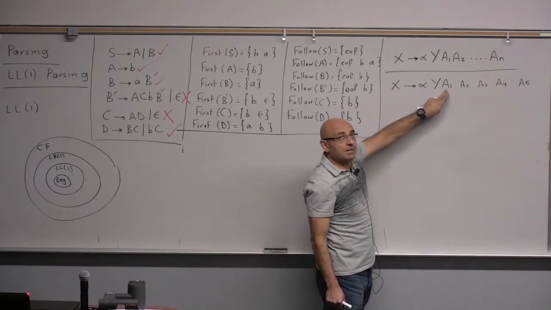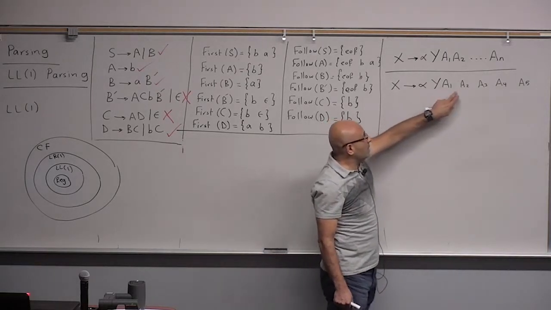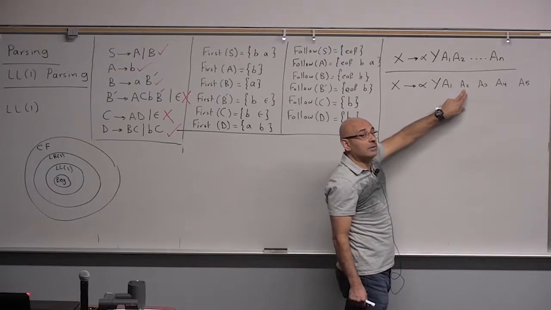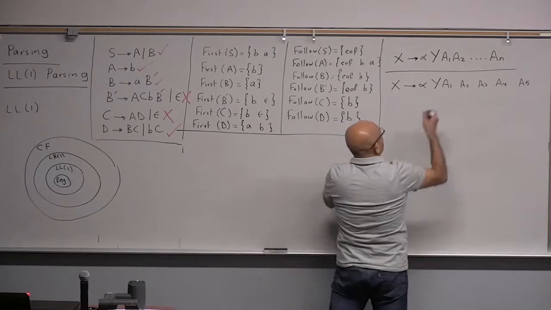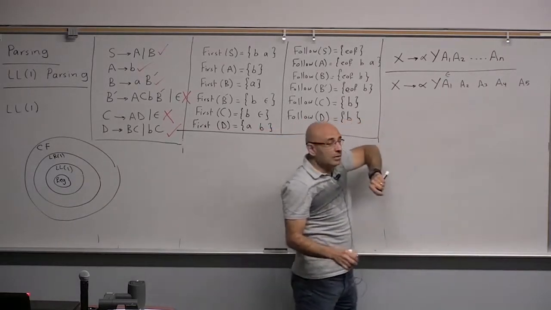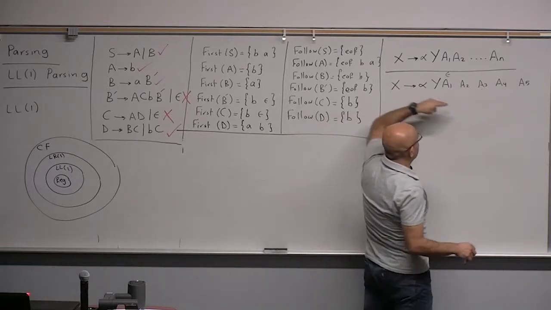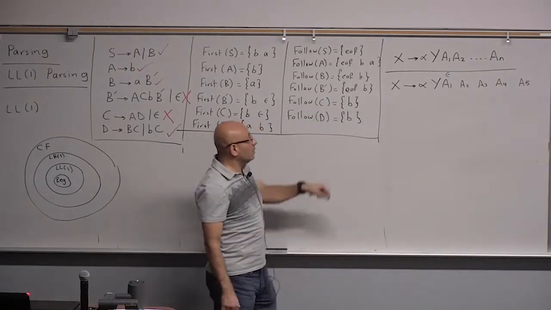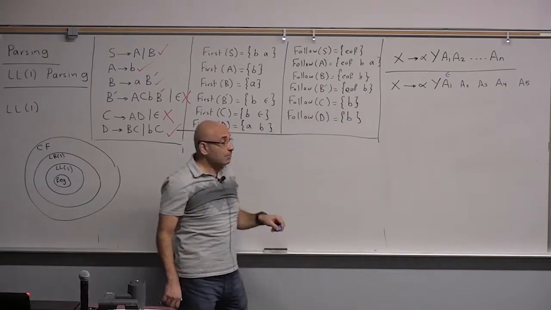If it has an epsilon in its first set, we look at the first of A2. And if A2 has an epsilon, we look at the first of A3. And if all of them have epsilons, then we look at follow of X. We add follow of X to follow of Y.